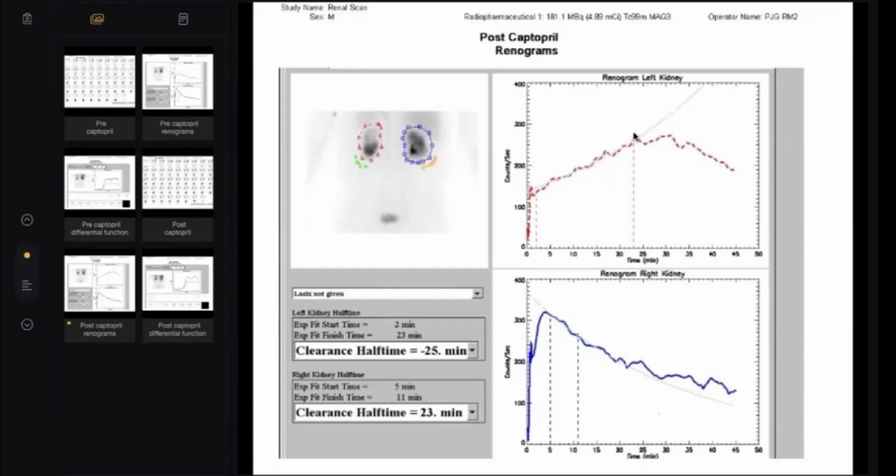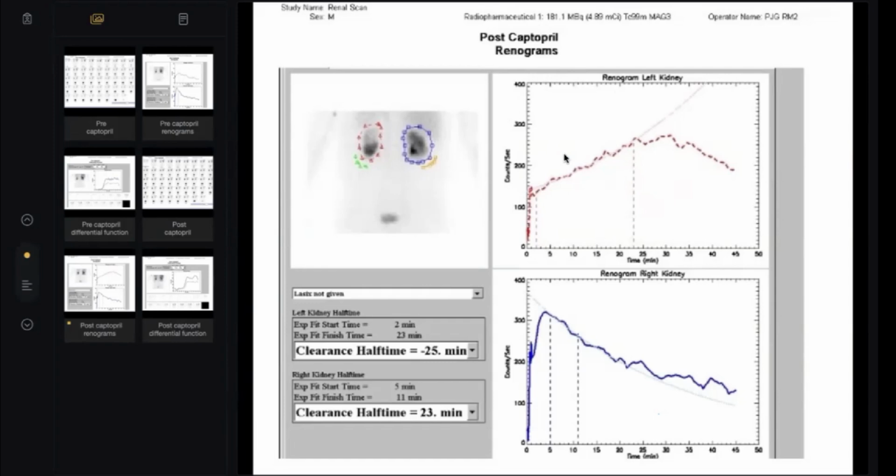Significantly prolonged time to peak and persistent retention of the isotope here, with very slow excretion. All of these are signs of renal artery stenosis, especially post-captopril.